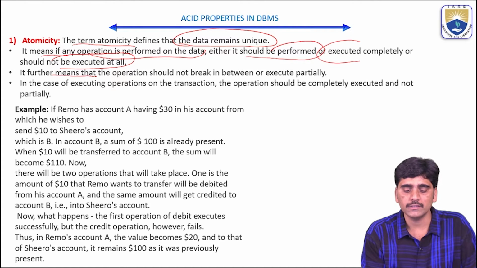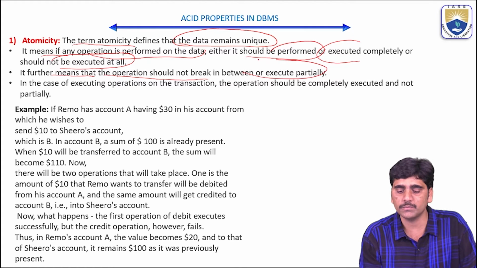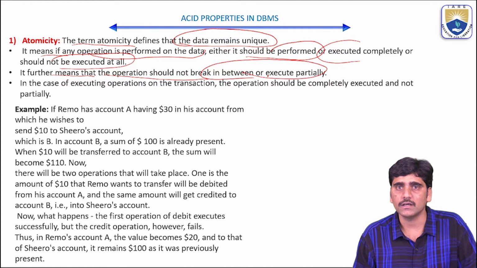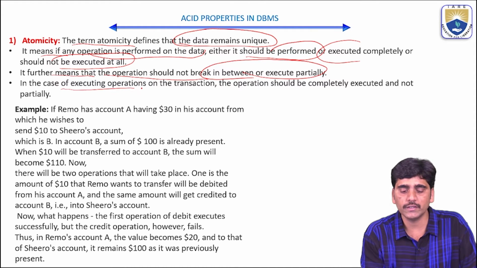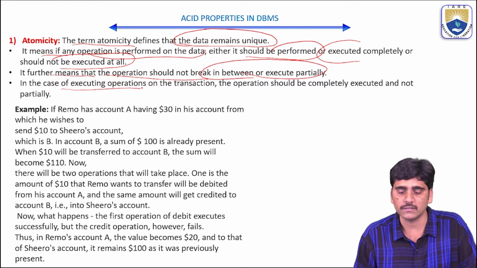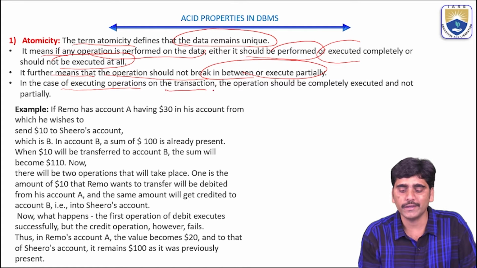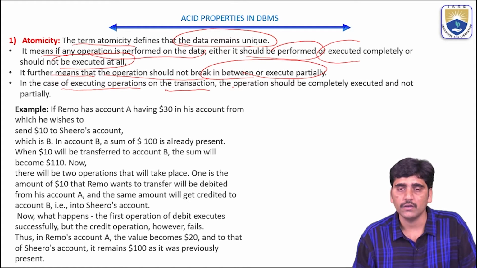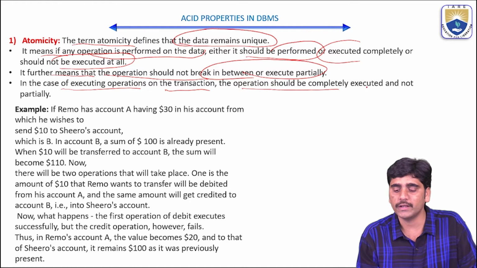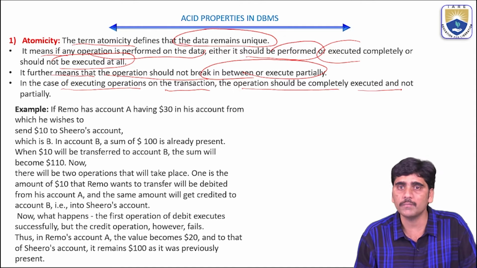It further means that the operation should not break in between or execute partially. The operation should not break, so that the data is not lost because of this property. In the case of executing operations on transactions, suppose you are doing credit or debit transactions, the operation should be executed completely and not partially.